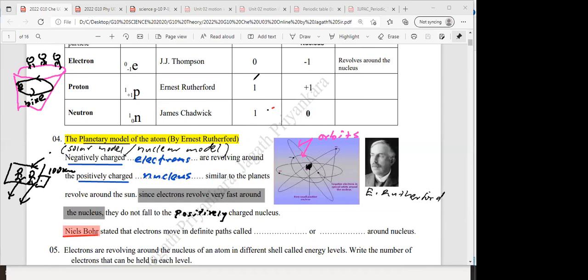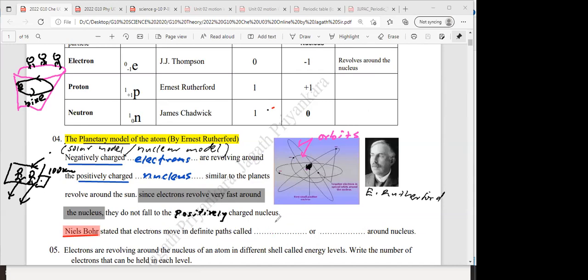Electrons are moving in definite paths. In Rutherford's model, electrons are orbiting around the nucleus, but Niels Bohr said they are not just orbiting like planets. That is one drawback of the Rutherford model, but anyway, it's very close to the current model. Electrons move in definite paths called shells or energy levels.